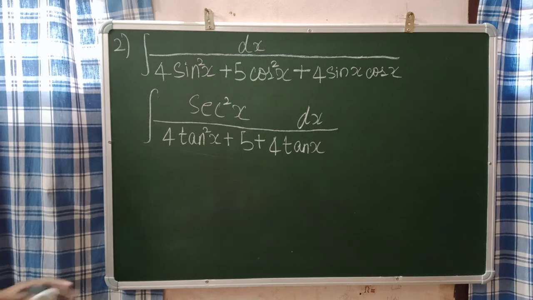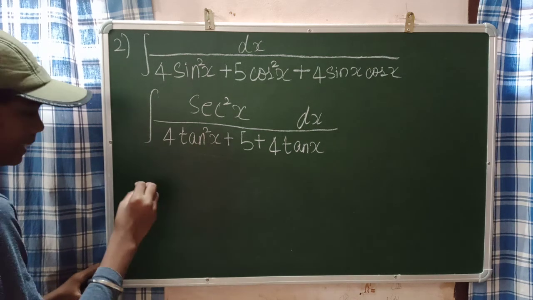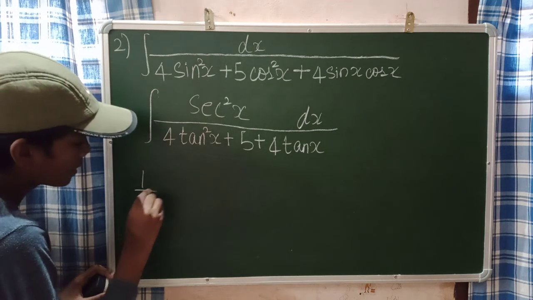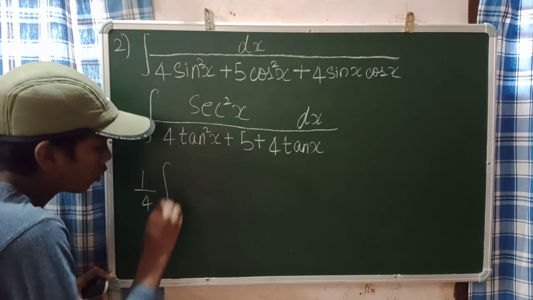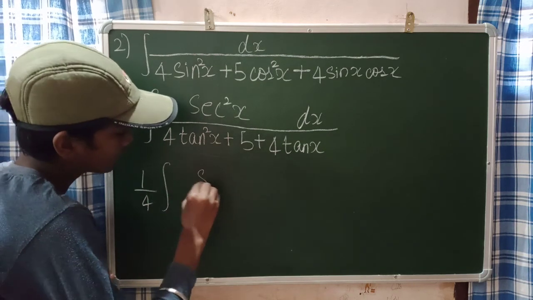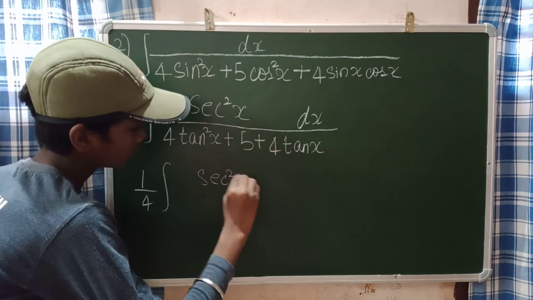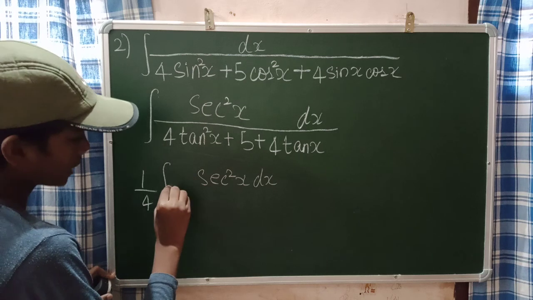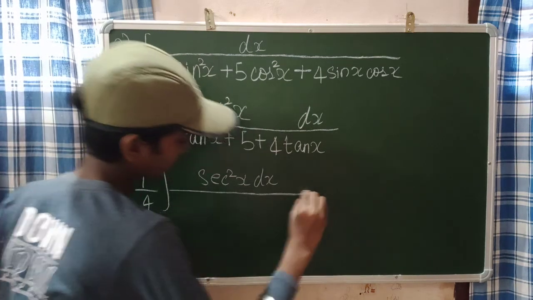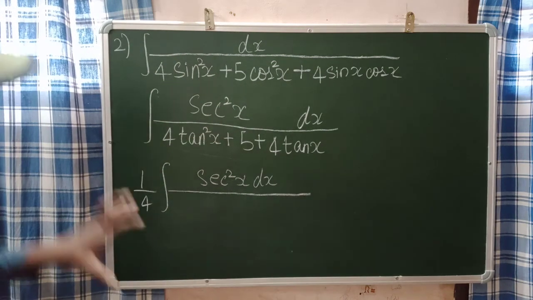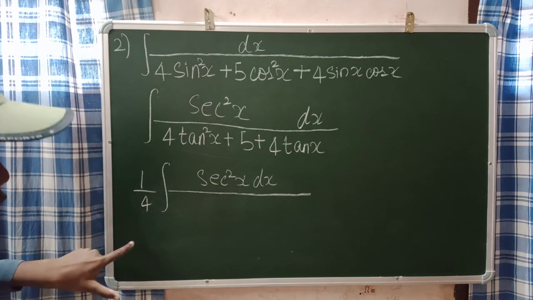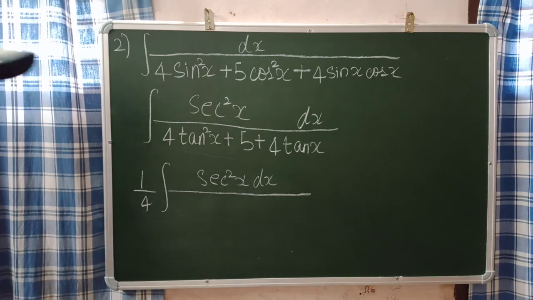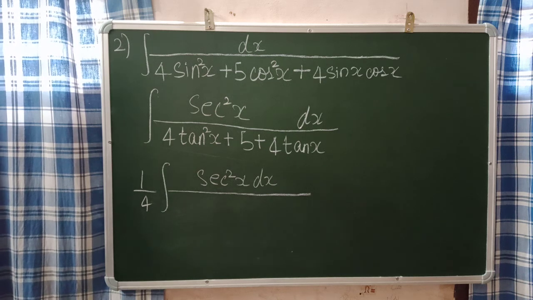Can't I write this integral as 1 by 4 into integral of secant square x? Listen carefully guys, because it's a very important part. Before going to substitution, I need to do something. Can't I write this integral as 1 by 4 into integral of secant square x dx? What I will write in the denominator is very important.